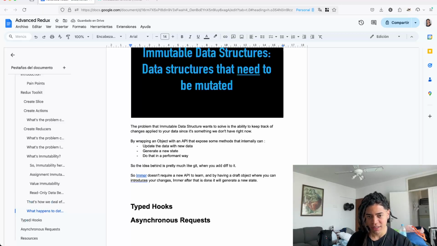Interesting. It does that at compile time. Okay. Oh, I get it. Immer performs... That's very interesting.